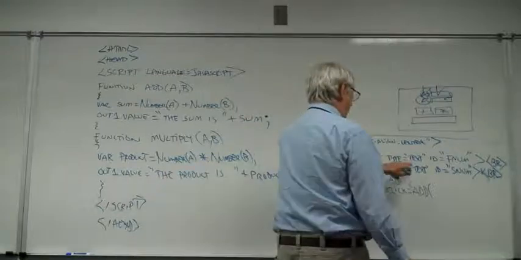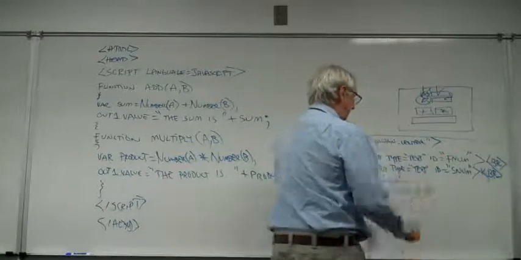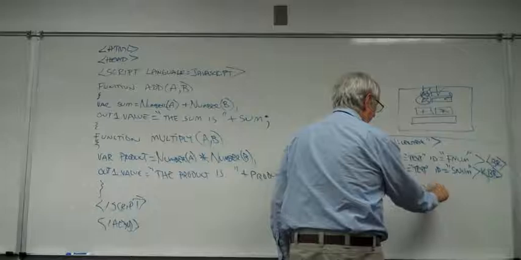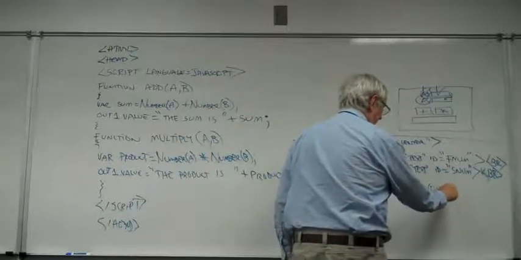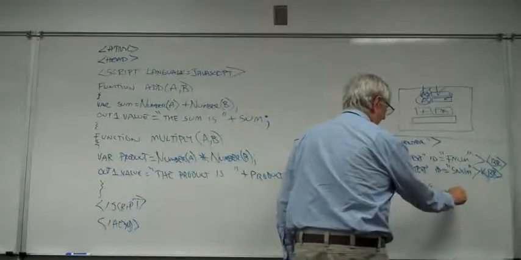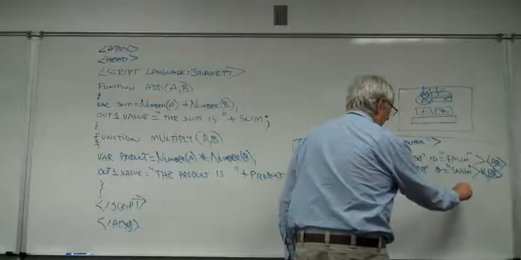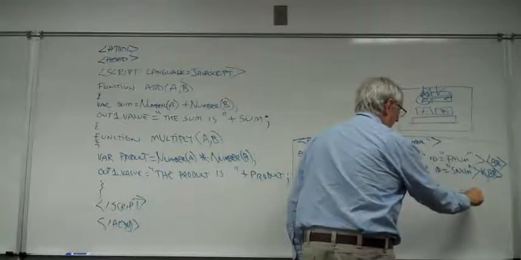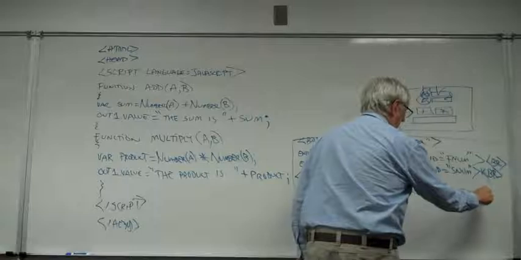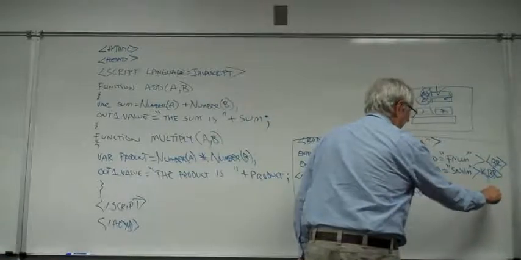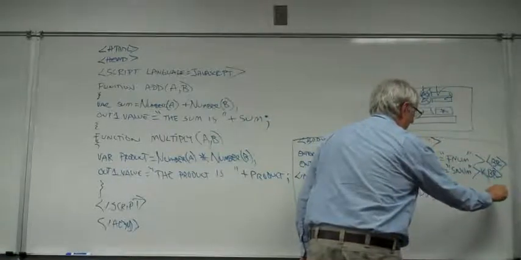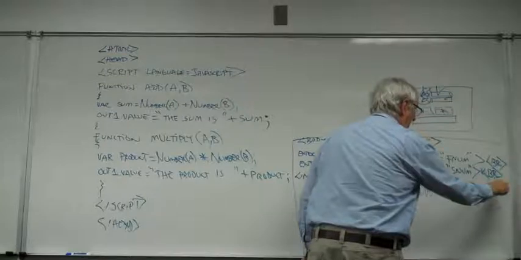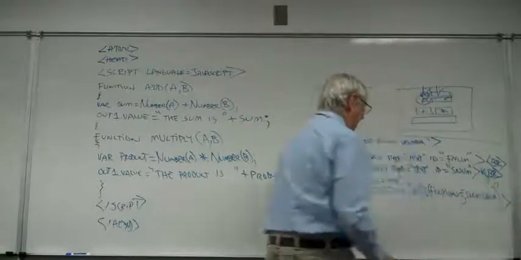I want to take fnum and snum. So you take fnum dot value, comma, snum dot value. Quote, close. There it is.